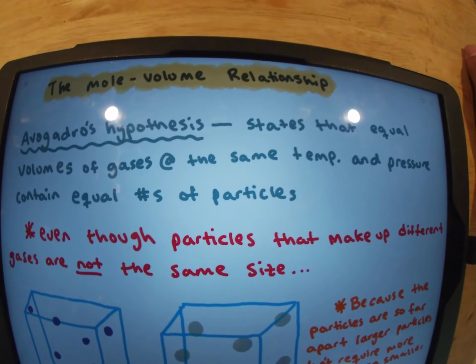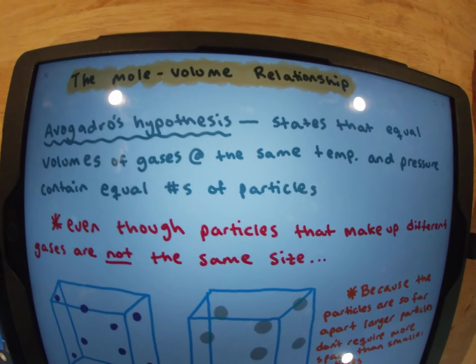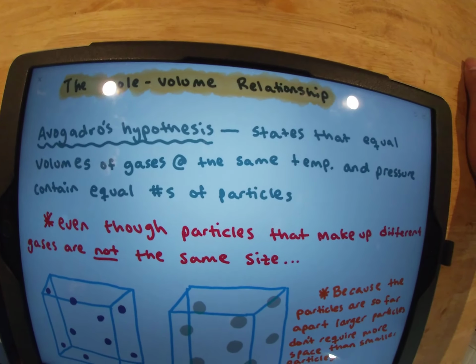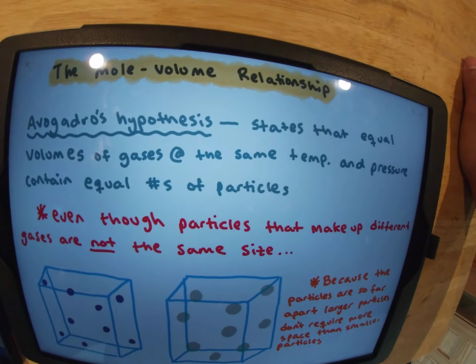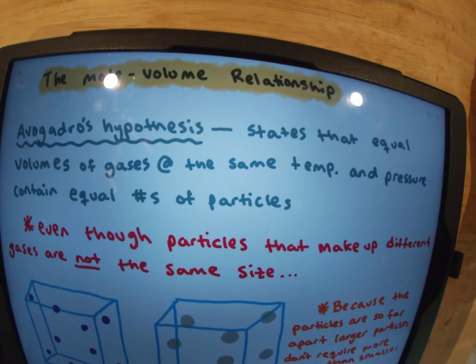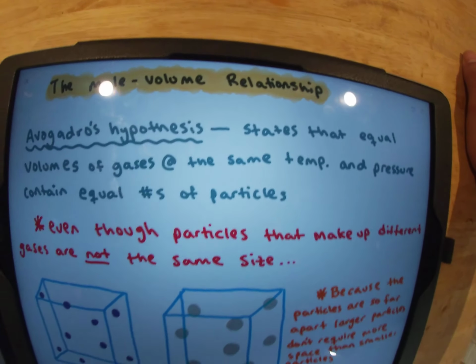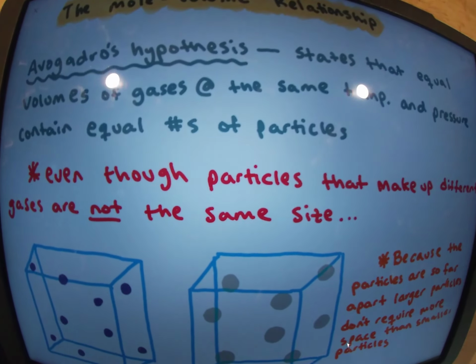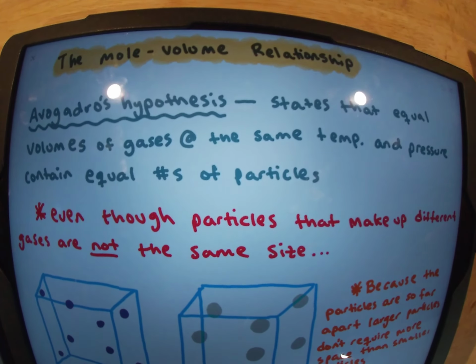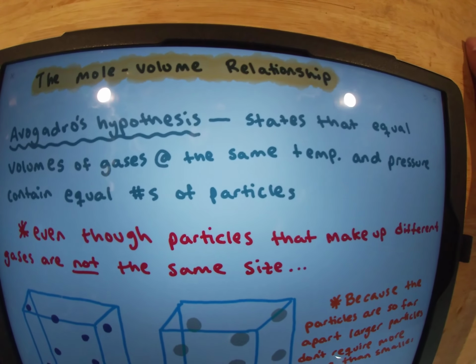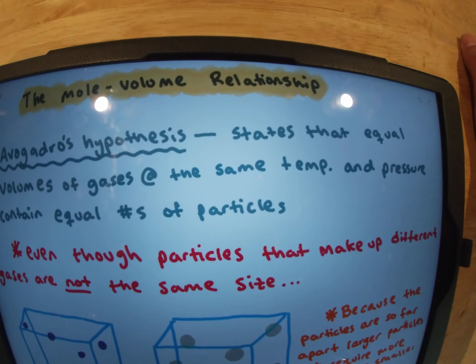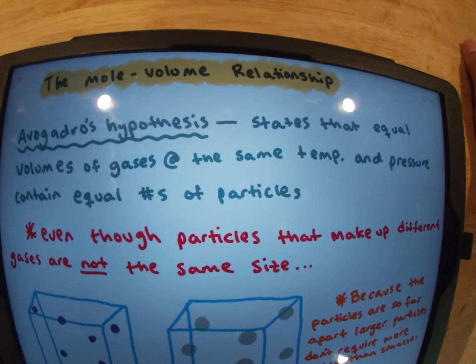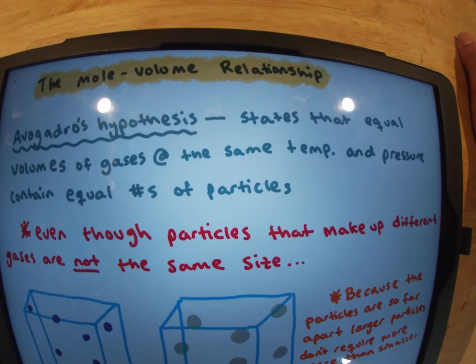That means if I have 5 liters of oxygen present and I also have 5 liters of nitrogen present, and they're both taken at the same temperature and at the same pressure, they're going to have the same amount of particles. Let's say, I don't know, 10.1 times 10 to the 26 particles of nitrogen and 10.1 times 10 to the 26 particles of oxygen.